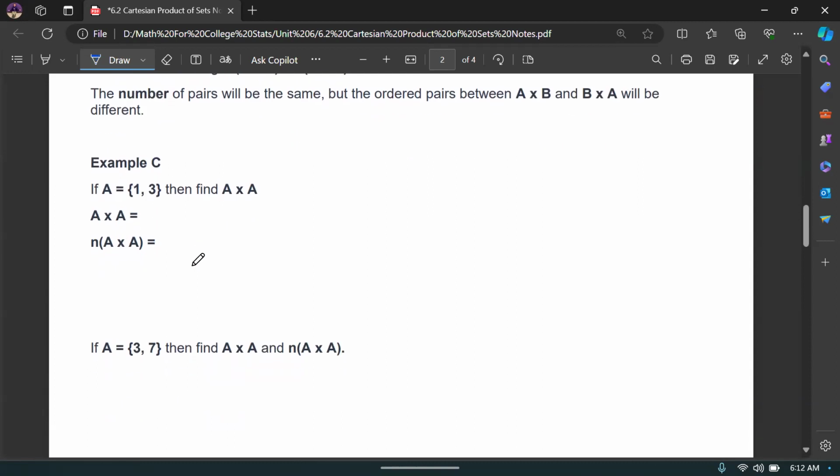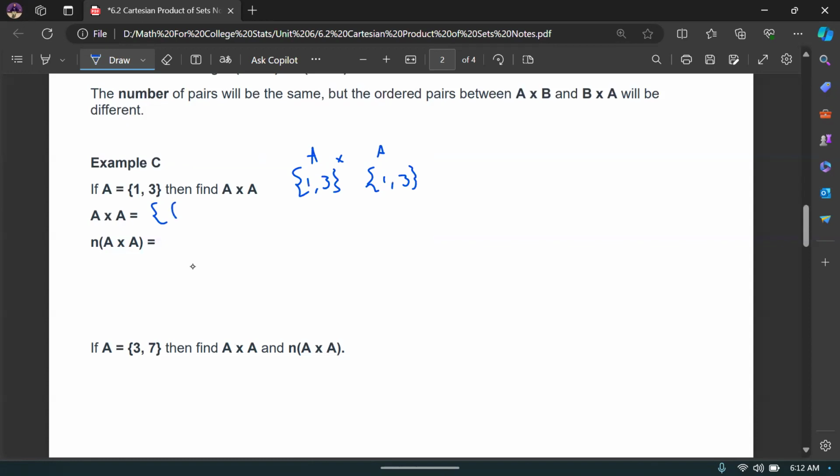All right. So we kind of see that a little bit on these. We have A times A, so we're going to do A twice, right? So essentially we're going to be doing {1, 3} by another {1, 3}. Just think of it that way. A times A. We should have 4 elements altogether because there's 2 in here, 2 in there, so 2 and 2 makes 4.